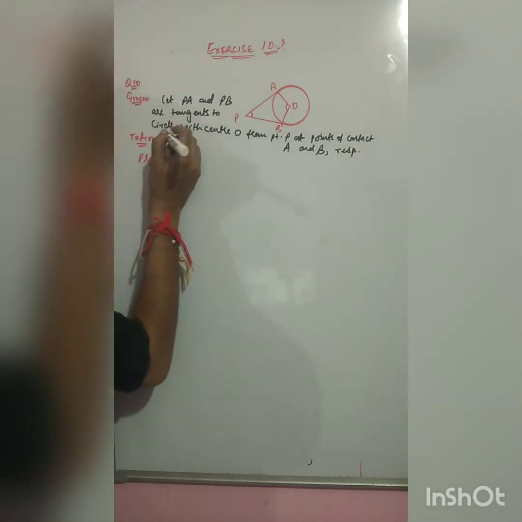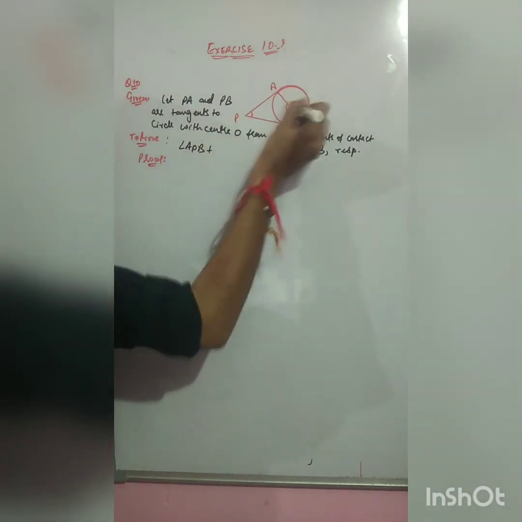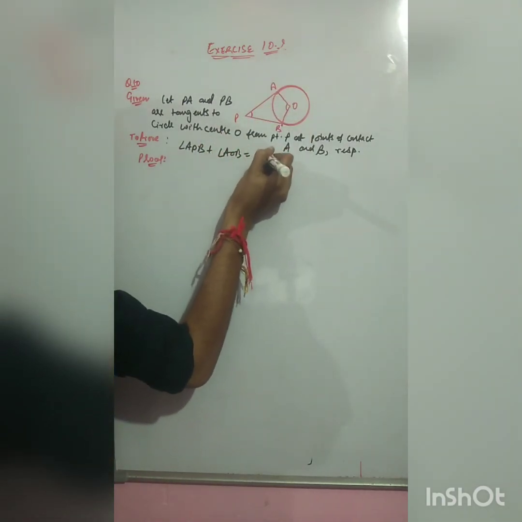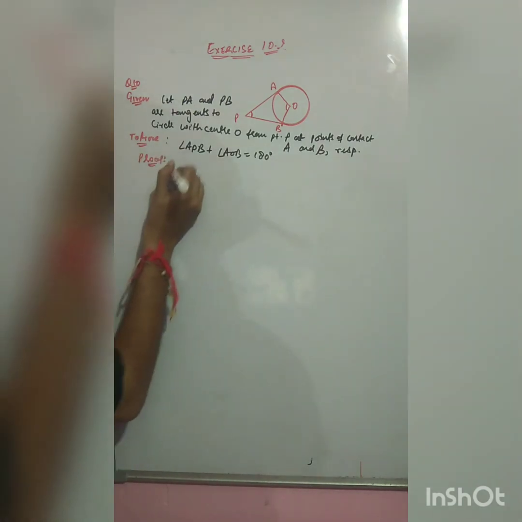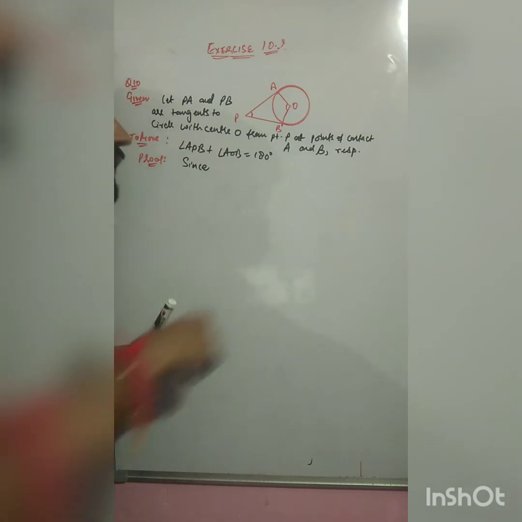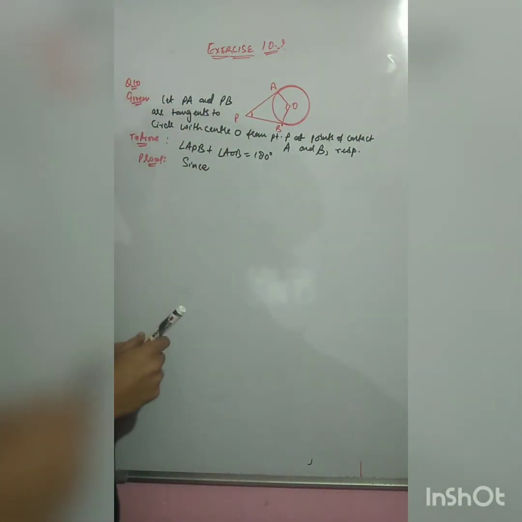So what we have to prove is that the angle between the tangents, that is APB, is supplementary to the angle between the radii, that is, angle APB plus AOB is equal to 180 degree. Proof: as we have studied in theorem 1, the radius is always perpendicular to the tangent at the point of contact.